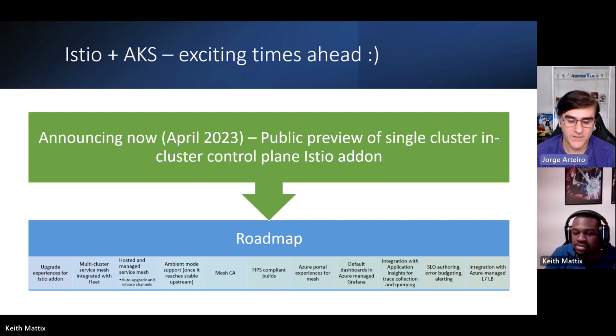That sounds amazing. This roadmap, I think we're going to move fast on that, because there's a lot of interest there. App Insights for tracing is something people are going to ask about. There are more advanced items that are going to take longer, like ambient mesh. But I think multi-cluster with Fleet is very appealing at the moment, and the Azure portal and default dashboards for Grafana, App Insights, and the Azure Managed layer 7 load balancer will be amazing as well.